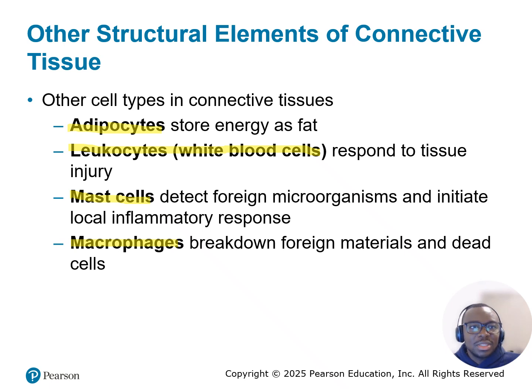Mast cells detect foreign microorganisms and initiate local inflammatory responses. They contain secretory granules with chemicals to mediate inflammation. Some of the chemicals include heparin and histamine. Macrophages break down foreign material and dead cells. Macrophages can be fixed in connective tissues or migrate freely throughout the matrix.